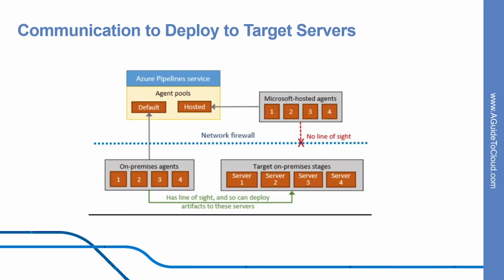If your on-premises environments do not have connectivity to an Azure hosted agent pool, you will need to manually configure a self-hosted agent on on-premises computers. The agent must have connectivity to the target on-premises environments and access to the internet to connect to Azure Pipelines or Team Foundation Server, as shown in this picture here.